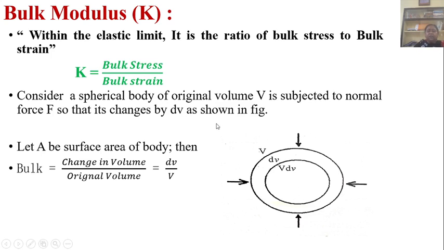So, after applying the force F, we get changes to the original shape of this body. Here volume changes. Bulk strain equals change in volume upon original volume. So, change in volume is dV upon capital V.